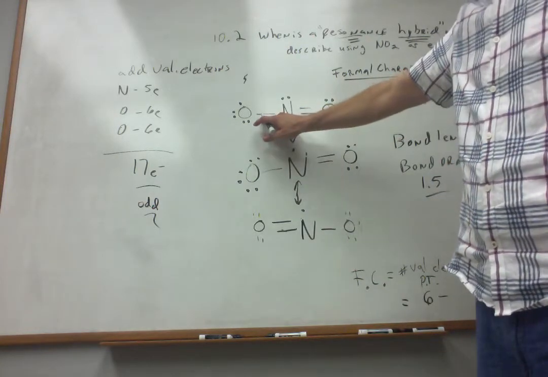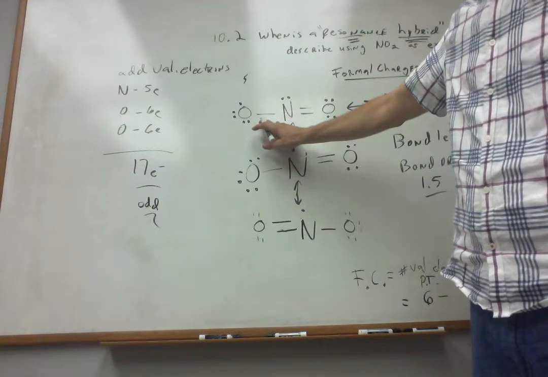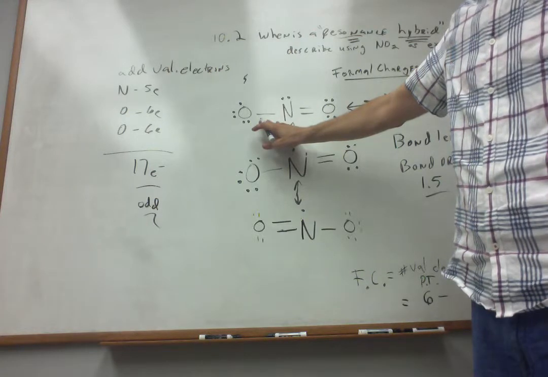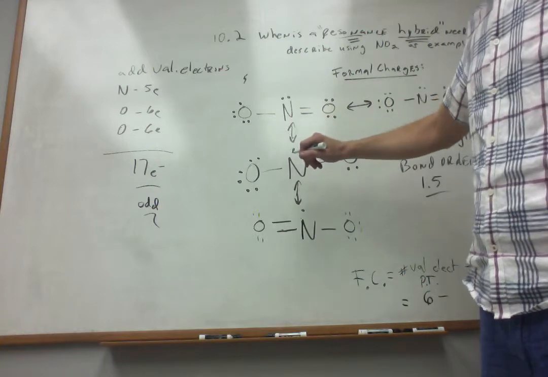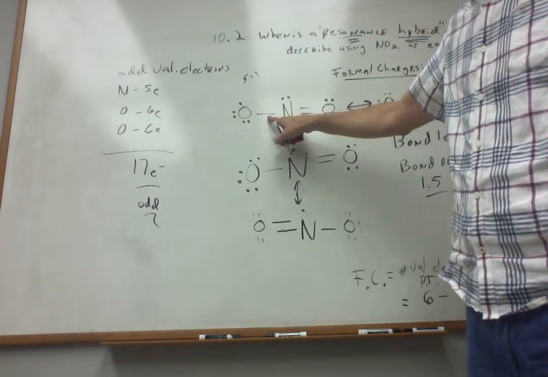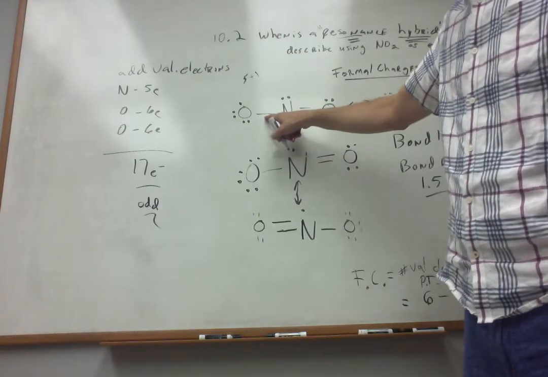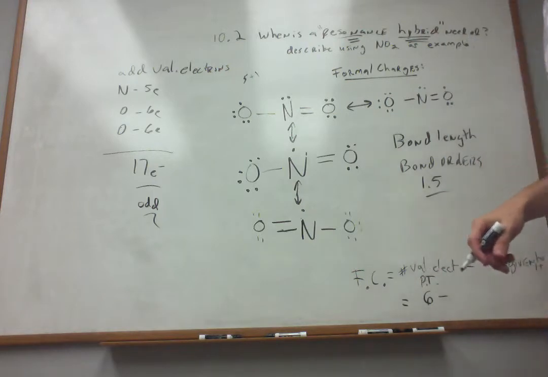But it's also got a bond. Now, in formal charge calculations, we assume that the electrons involved in this bond are shared equally. That means that 1 gets assigned to nitrogen and 1 gets assigned to oxygen, okay? Because again, we consider it shared equally, and that bond consists of those 2 electrons, right?